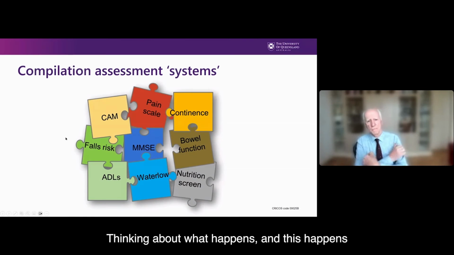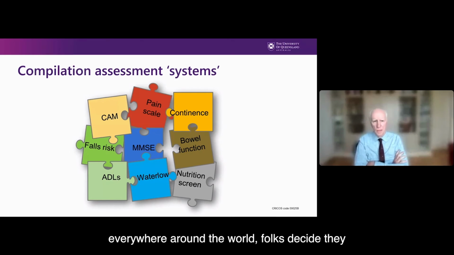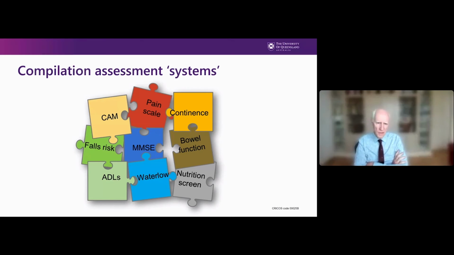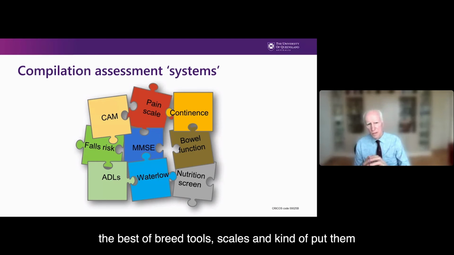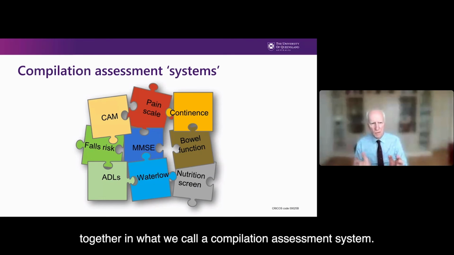Thinking about what happens, and this happens everywhere around the world, folks decide they need to build a comprehensive assessment system in order to ascertain a person's needs and begin a care plan. And typically what organisations do is pick the best of breed tools and scales and put them together in what we call a compilation assessment system.